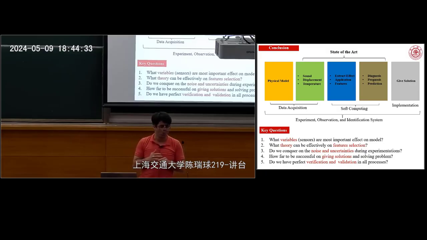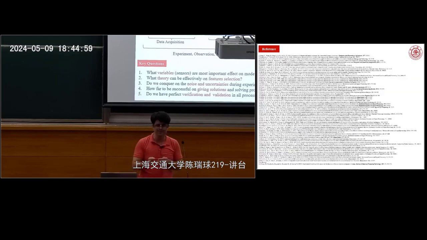What theory is suitable for data mining or feature selection? Do you know what the noise and uncertainties in your systems are? Then you have to create solutions for your systems. And finally, you have to verify your signal. Your signal is the best reference to know whether you get solutions or not.